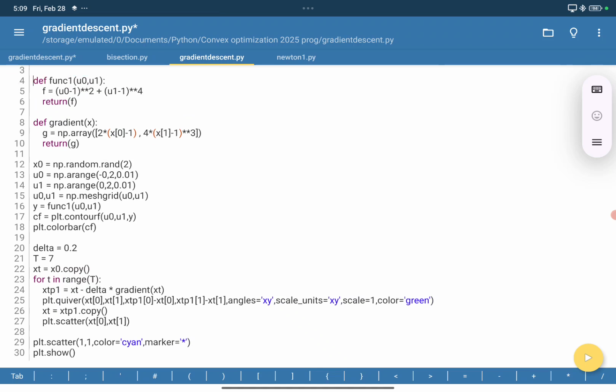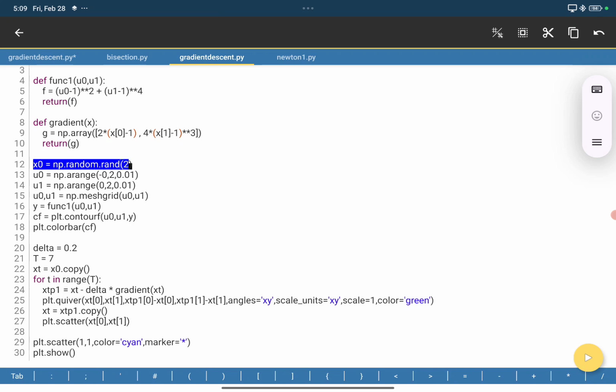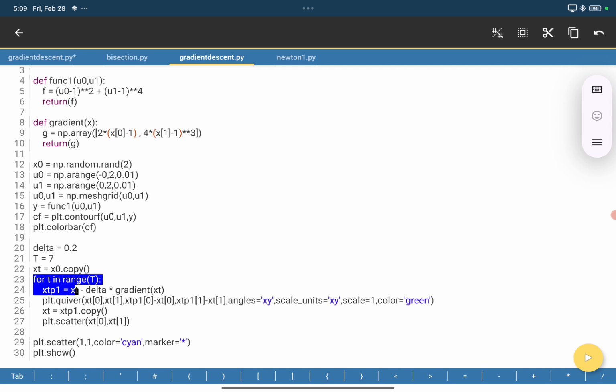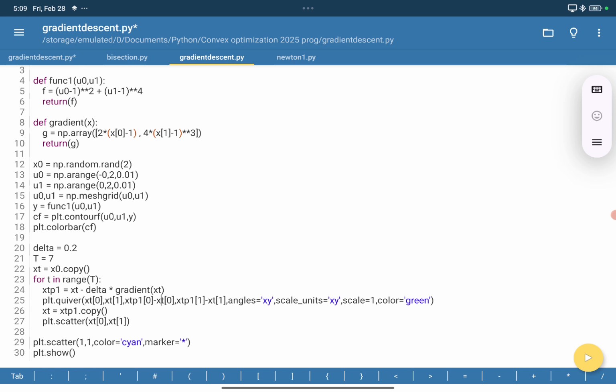So basically what I've done is I've defined functions to compute the function value as well as the gradient. And I start with a random point. All right, that's my random initial point. And in gradient descent, my xt plus 1 is just xt minus some delta times the gradient. I'm fixing a constant step size over here. Okay? And that's it. I keep running this for however many iterations I want.